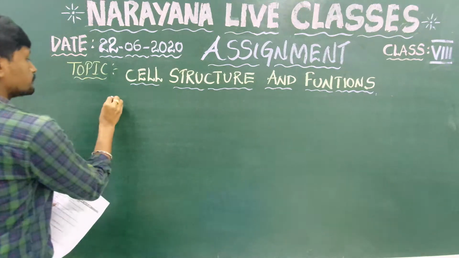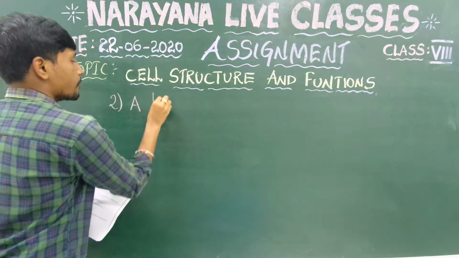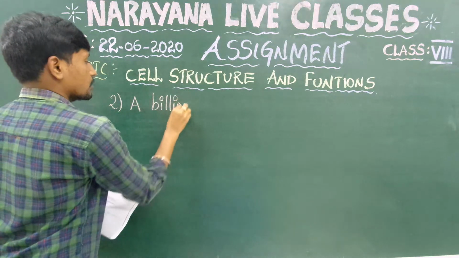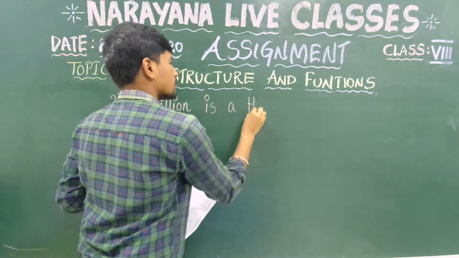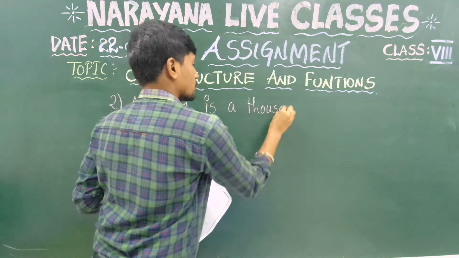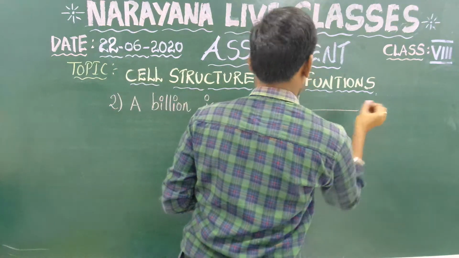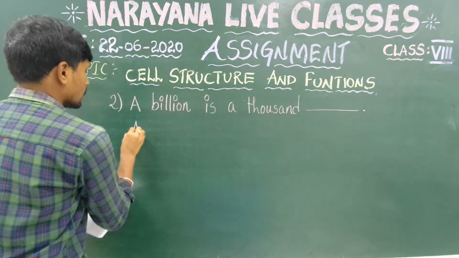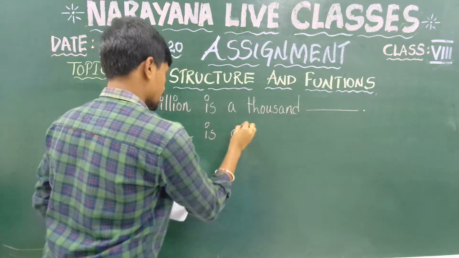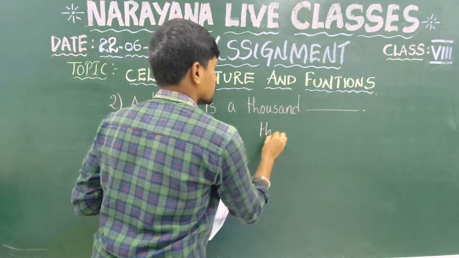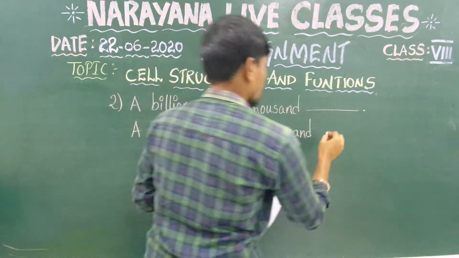Second question. A billion is a thousand dash, and a dash is a thousand billion.